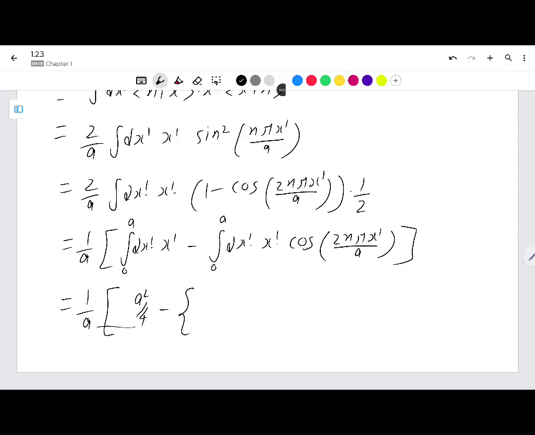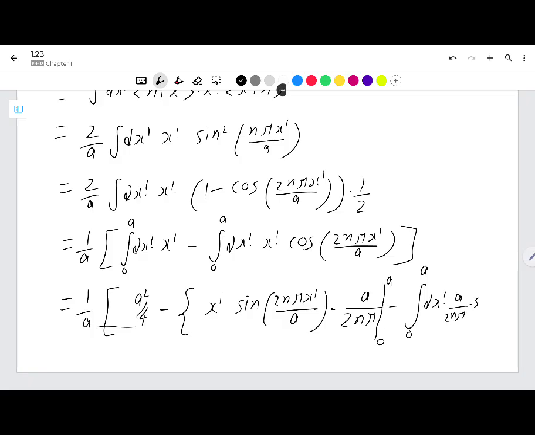This is x prime, and the integration of cos is going to be sine, divided by 2n pi by a, minus, this is from 0 to a, minus the integral of a sine 2n pi x prime by a, divided by 2n pi by a.